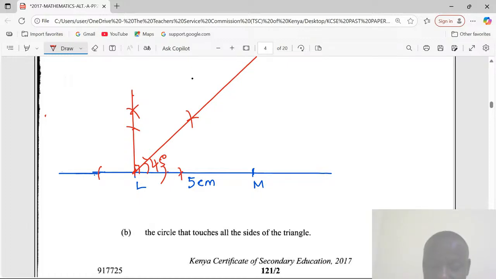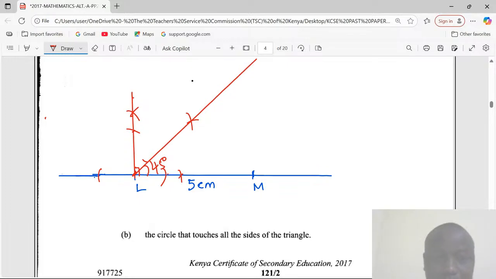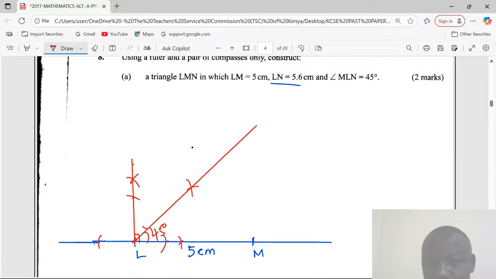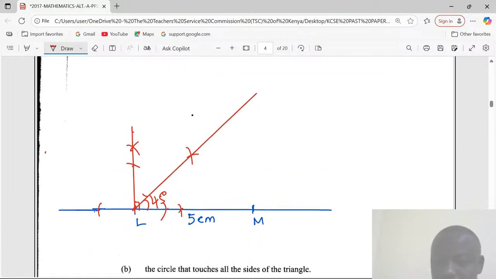With that, from L to N we need 5.6. So again, I measure 5.6 along that line.